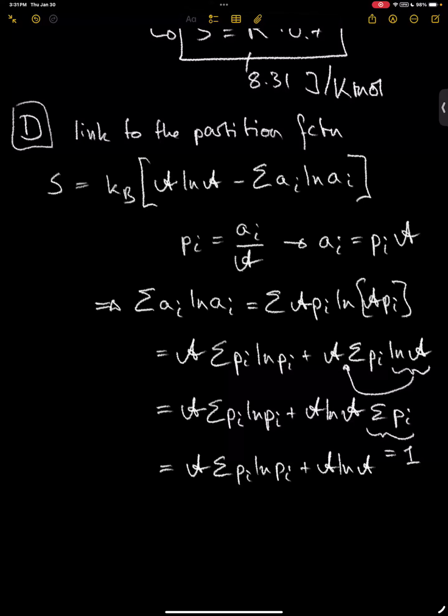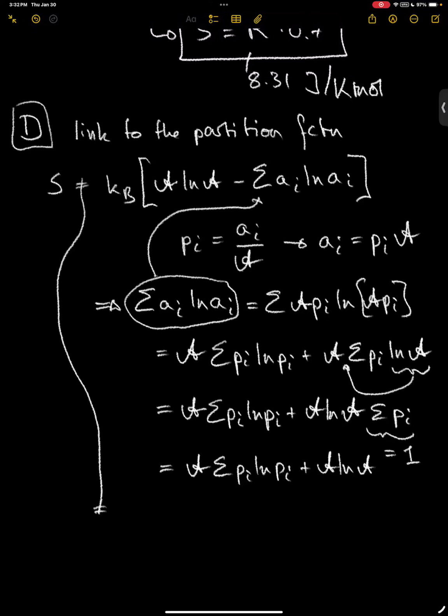Now, if I come back to our S above and I insert what I've just obtained for this term here, then you see that I have an A logarithm A and an A logarithm A, but there's a minus in front of it.